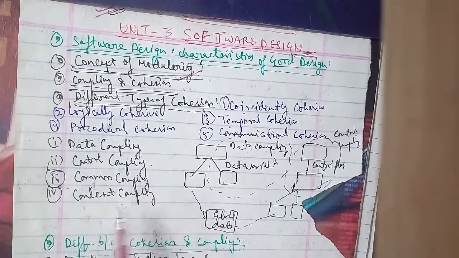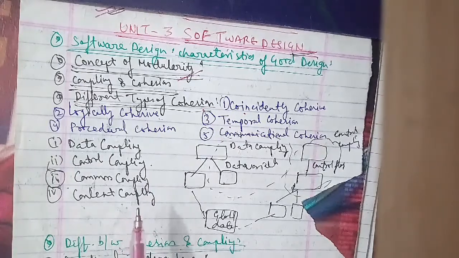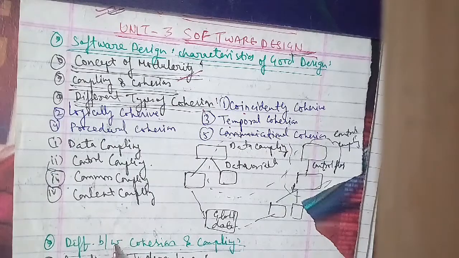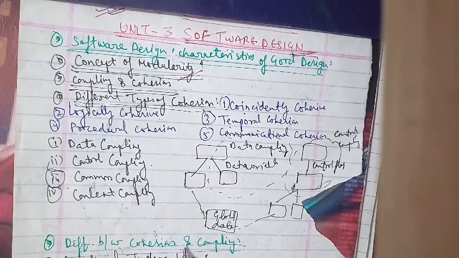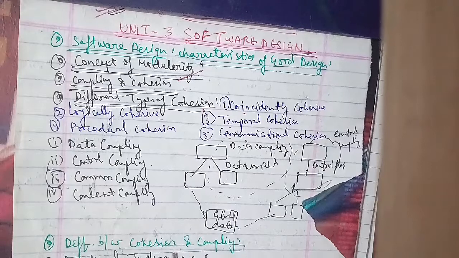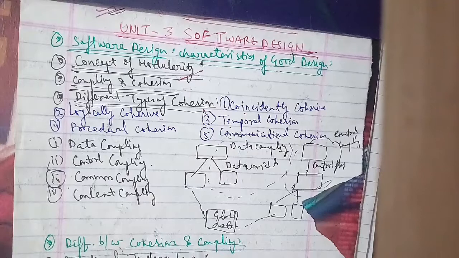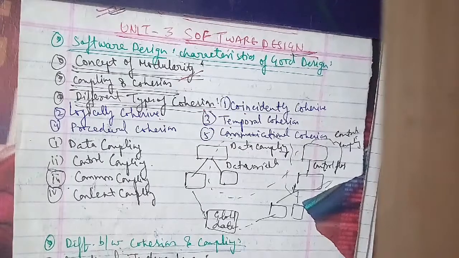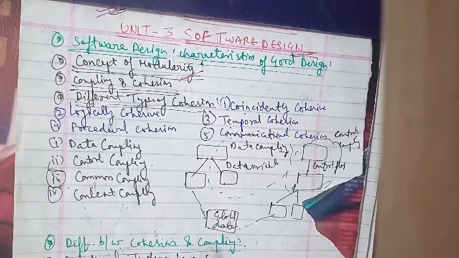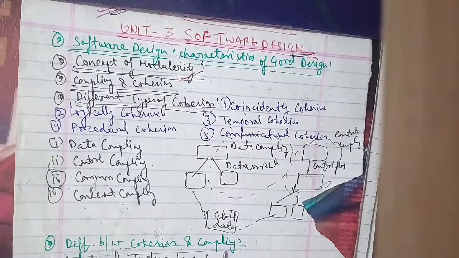With cohesion, data binding can be done, but with coupling, the interface complexity is decided. The goal of cohesion is to achieve high cohesion, and the goal of coupling is to achieve the lowest coupling.